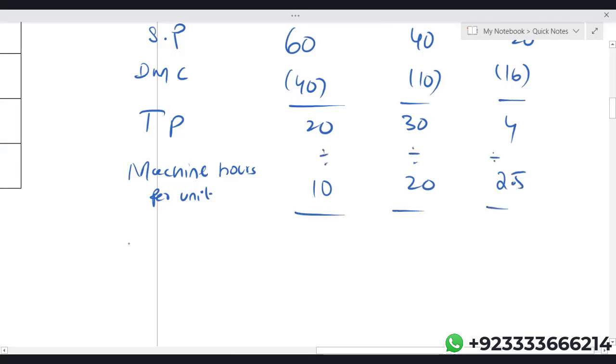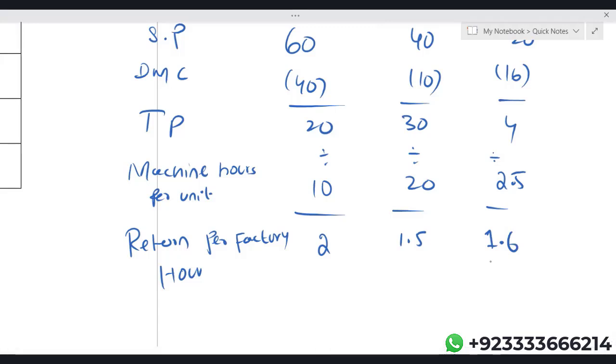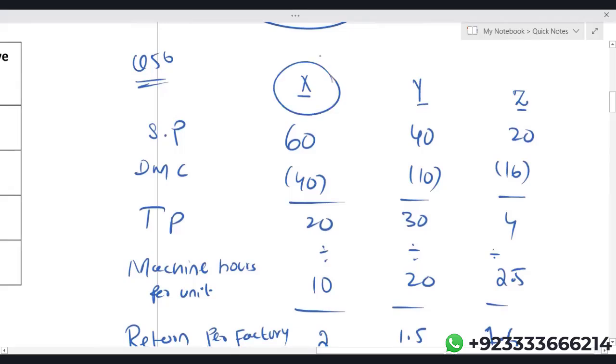This gives us the return per factory hour: 2, 1.5, and 1.6. So right now product X is more beneficial, because it gives the highest return per factory hour.